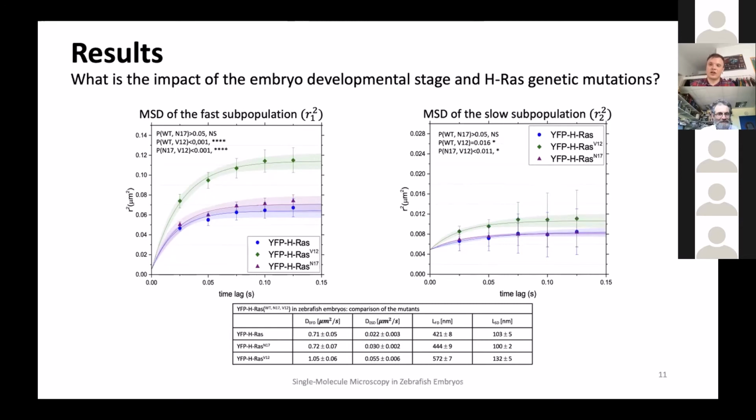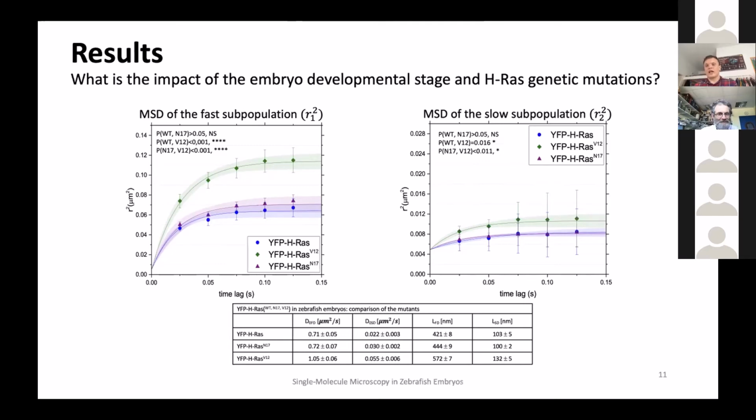So we basically show that those molecules in the fast fraction also confine, but they are not confining to any lipid rafts or very small structures, because the confinement areas are way bigger, which is also presented in the table, approximately 4 or 5 times bigger than the confinement areas for the slow fraction. And that makes us think that there are other components of the membrane that constrain the movement of the molecules.